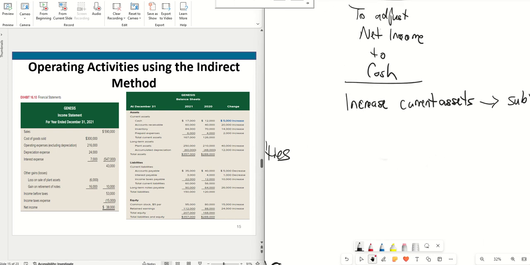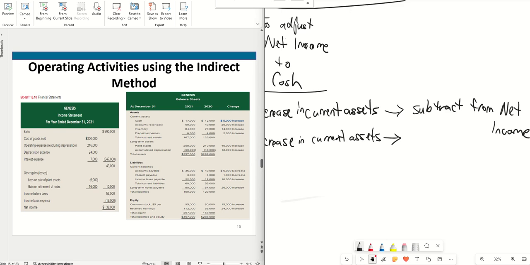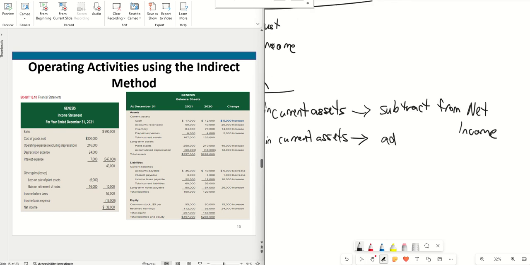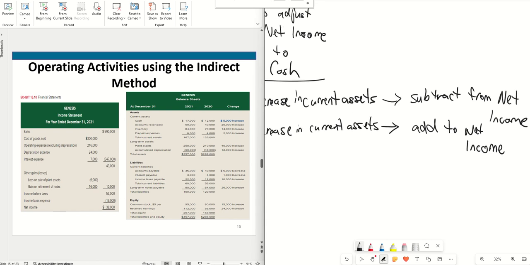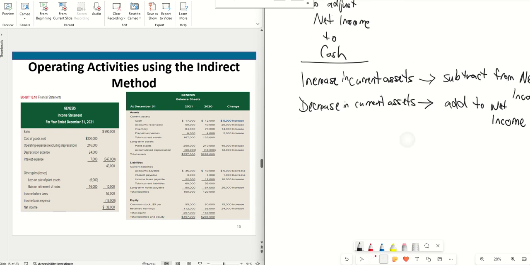If there's a decrease in current assets, you're going to add to net income. And when you are adding and subtracting to net income, you're doing it so that you can get to the net cash balance. That's the goal, to get to the net cash balance.